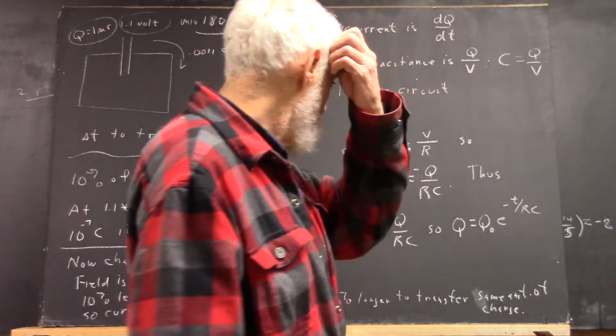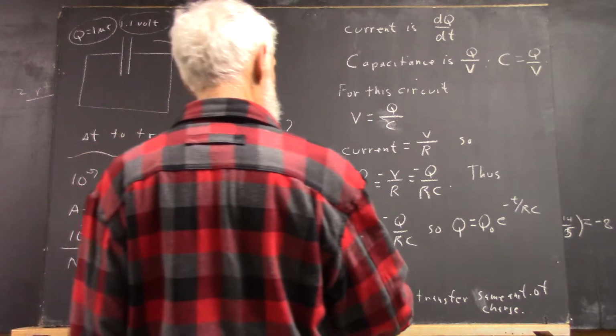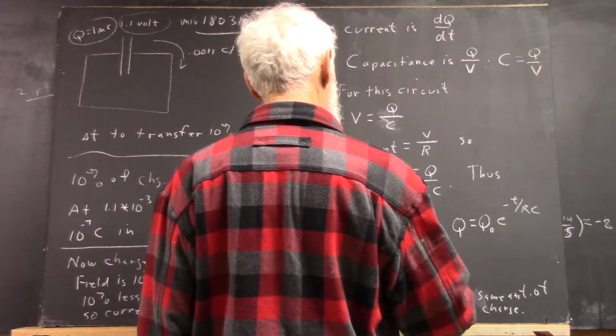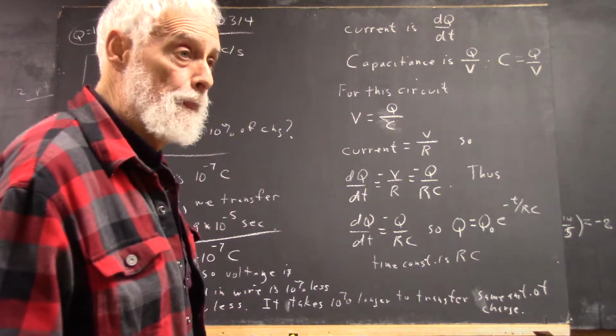An exponentially decreasing function has a constant half-life. Okay, your time constant is going to be RC.